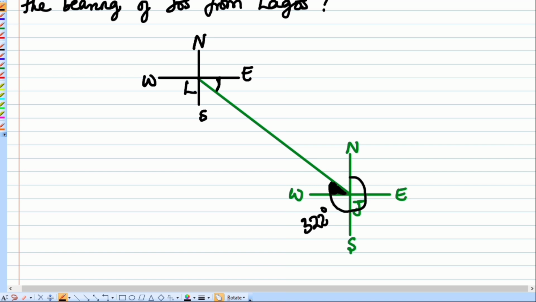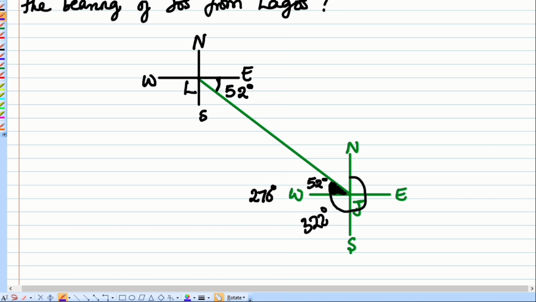So you know that from the north turning to the west is 270 degrees, of course. So to get this small angle, we're going to do 322 minus 270. So that would give us this angle here. 322 minus 270, that will give us 52. So this angle here is 52 degrees. That means this angle here will also be 52 degrees. So it's very important to do these little calculations and then you're good to go.